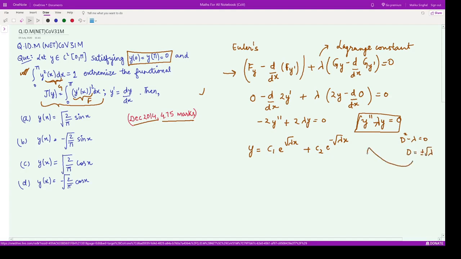So this is the extremal, right. Now we have to calculate the value of these constants c1, c2 and lambda from the given conditions.